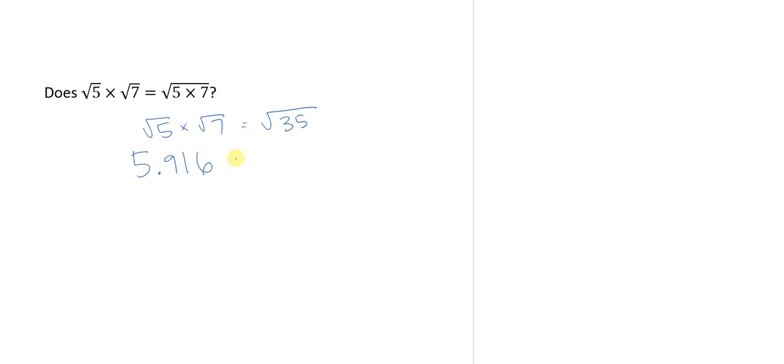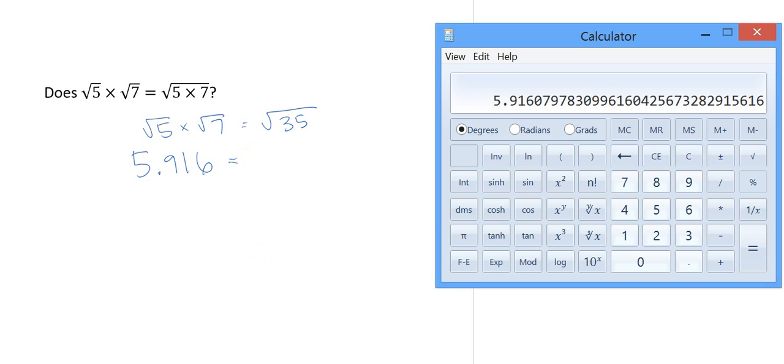That's been rounded off a little bit, but for the purposes here, we'll see that it's not going to make a big difference. And we have equals the square root of 35. So the square root of 35, 5.916.